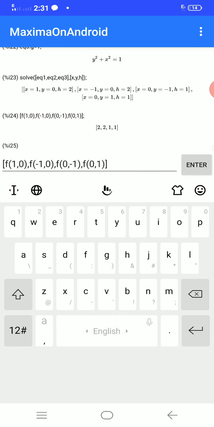So we get the values of the function at these points: 2, 2, 1, 1. So the maximum value on this circle x squared plus y squared is equal to 1 is: f of 0, plus minus 1 is 1, f of plus minus 1, 0 is 2.